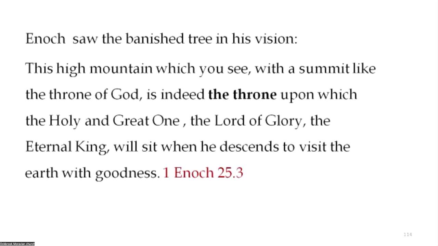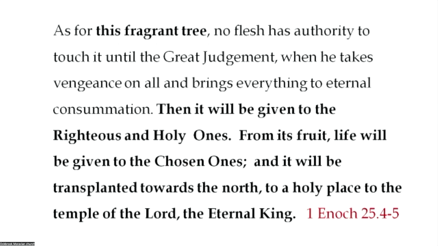This high mountain which you see, with a summit like the throne of God, notice that, is indeed the throne upon which the great and holy one, the Lord of glory, the eternal King, will sit when he descends to visit the earth with goodness. And part of the same vision: as for this fragrant tree, no flesh has authority to touch it until the great judgment, when he takes vengeance on all and brings everything to eternal consummation.